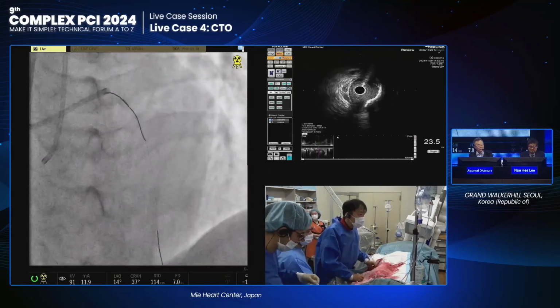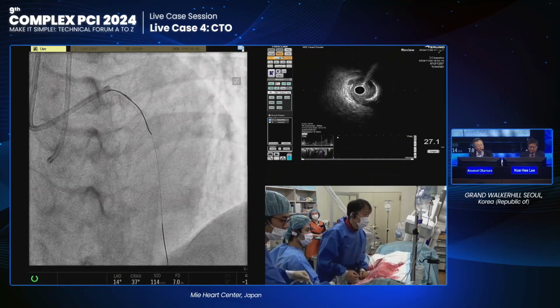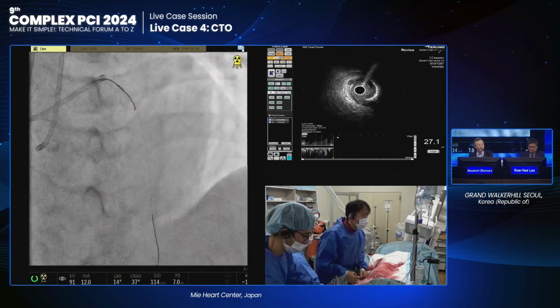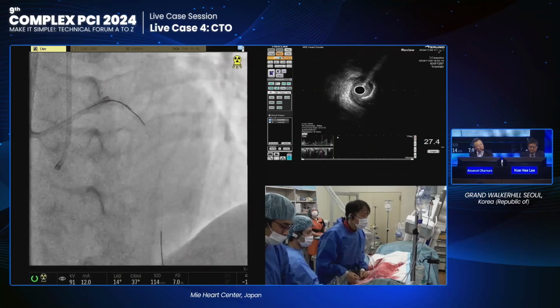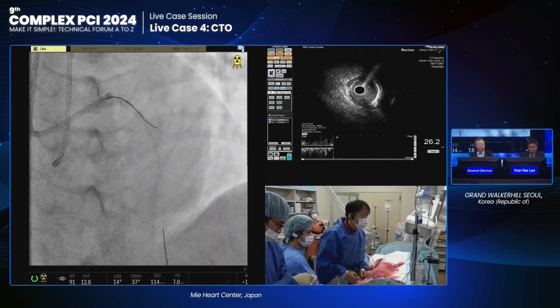But I think that before balloon dilatation or some arrangement at this part, maybe I will go directly to IVUS guided wiring using a stiffer wire.